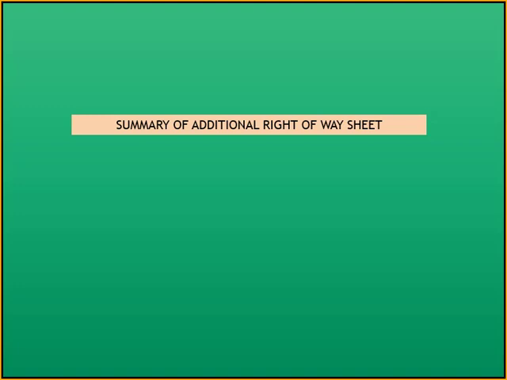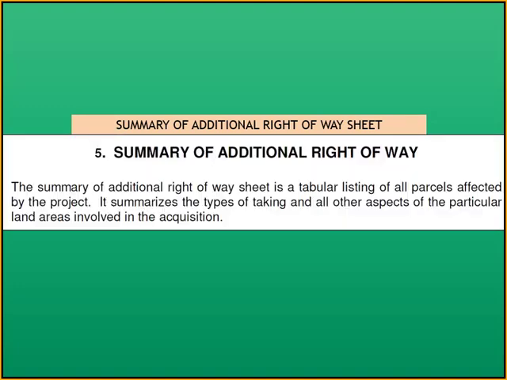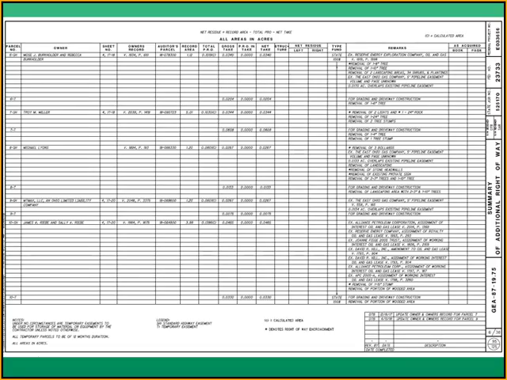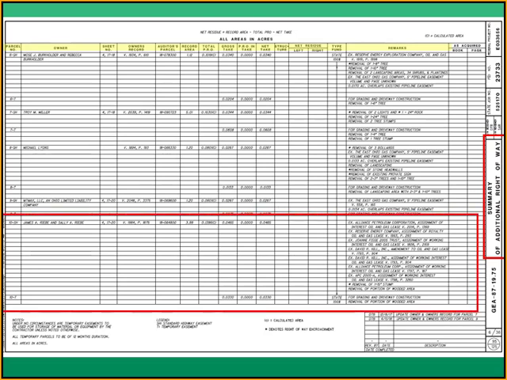All right, summary of additional right-of-way sheet. The summary of additional right-of-way sheet is shown right here. And at the top is the contents, and so we're going to go from left to right here. We've outlined parcel 10.